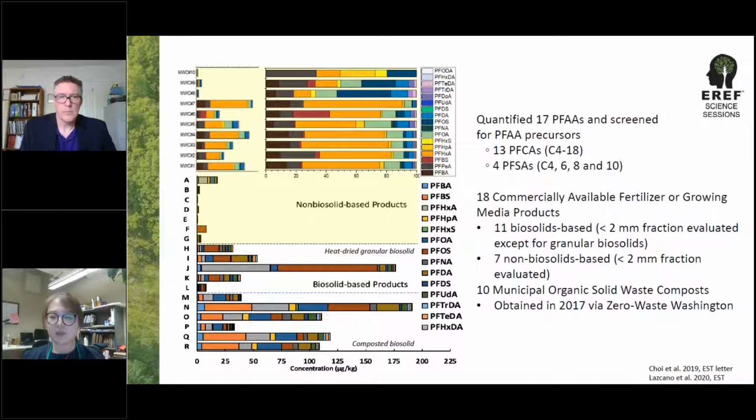In the meantime, in 2015, we know there was a voluntary phase out of PFOA. So since all the biosolid compost was sampled before 2015, we could see more longer chain in the sample. But when we collected the same product in different time frames, 2016 and 2018, we could see the total PFAS was slightly decreased.